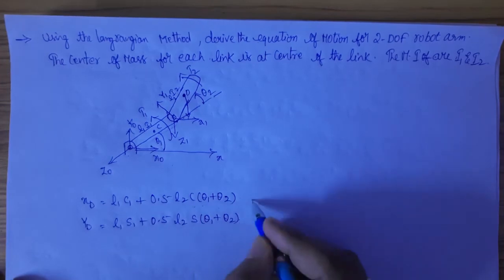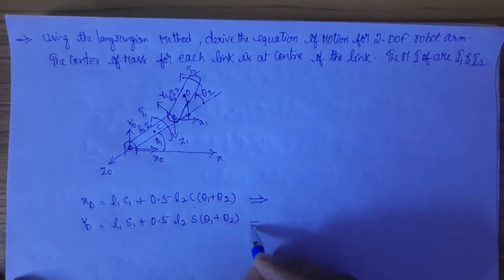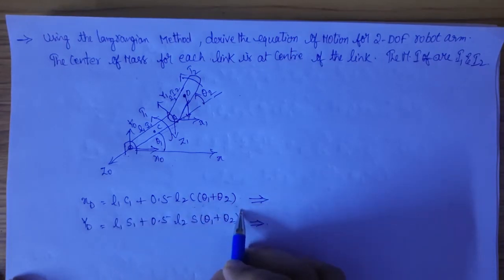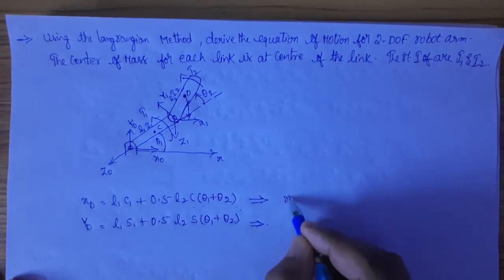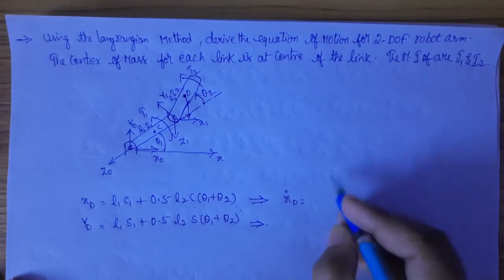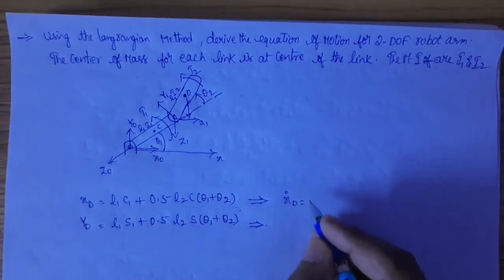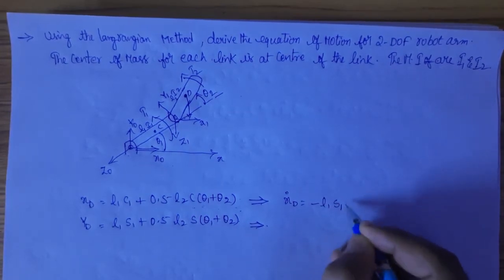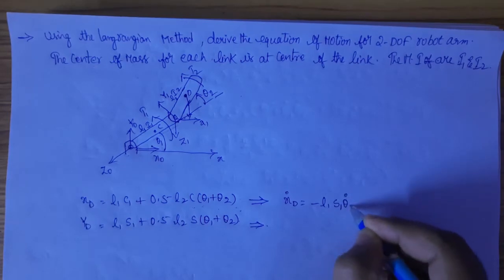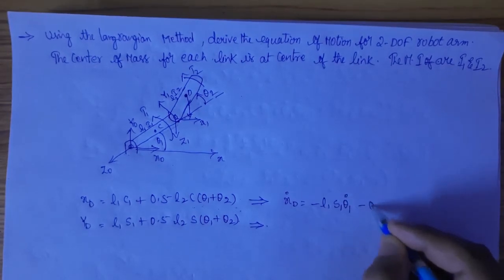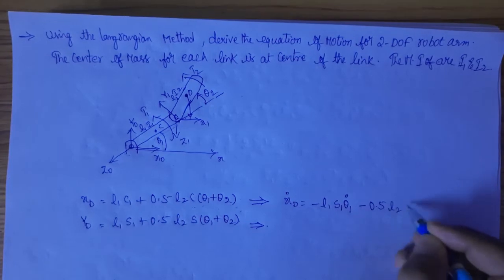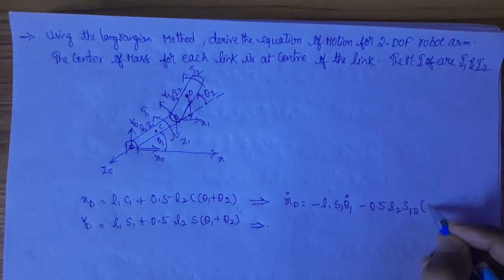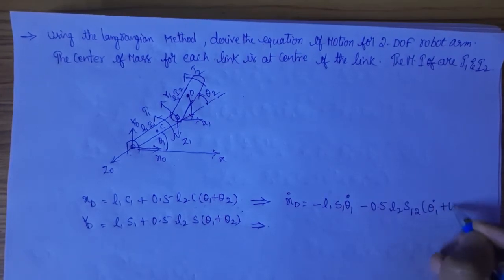Taking the time derivative of these two, we get the velocity equations. First, x dot D equals minus L1 sin theta 1 theta dot 1 minus 0.5 L2 sin(theta 1 + theta 2) times (theta dot 1 plus theta dot 2).